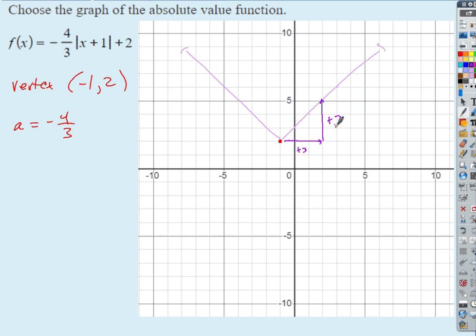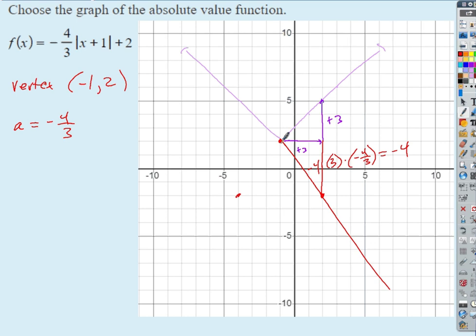Negative 4. Okay, so I'm going to go down now. I'm going down by an amount 3 times negative 4/3 equals negative 4, right? So I'm going down by 4, and that gives me a pretty convenient place. So down 4 and over 3.